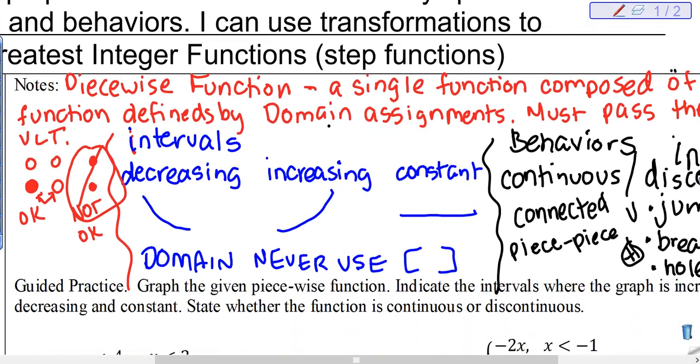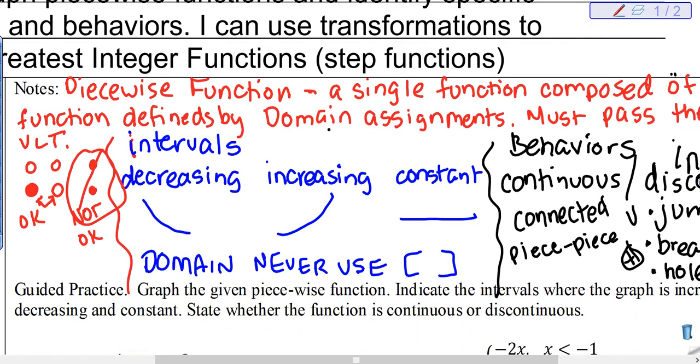All right. Now, something that I want to talk about is when we're graphing piecewise functions, a lot of times you're asked to define where the function is decreasing, increasing, and constant. So you'll be asked, what is the interval of increase? Or what is the interval of decrease? Or what is the interval of constant? Okay, so a decreasing interval, you can visually see it on the graph.